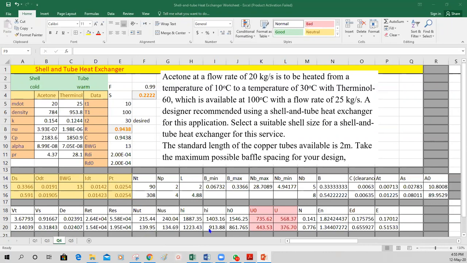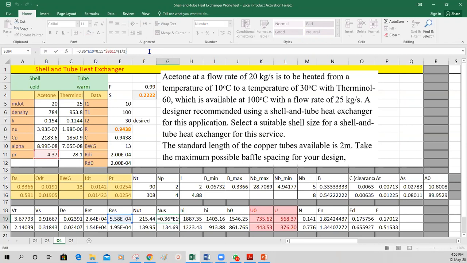Anyone else moving forward? Calculated the Nusselt number, tube side, shell side? Nobody responding. For the shell side, I get 224. Which formula did you use? For turbulent flow, 0.023. No, the shell side is not turbulent flow. The shell side formula is different.